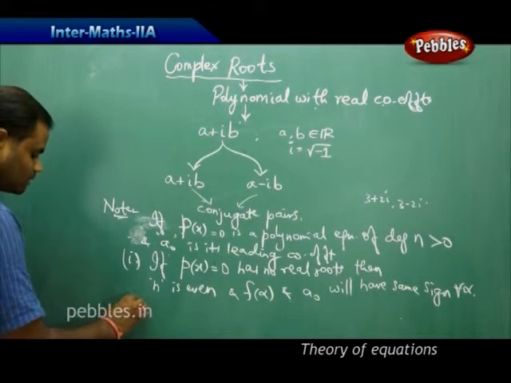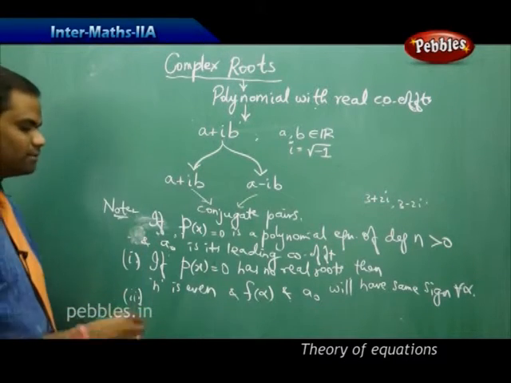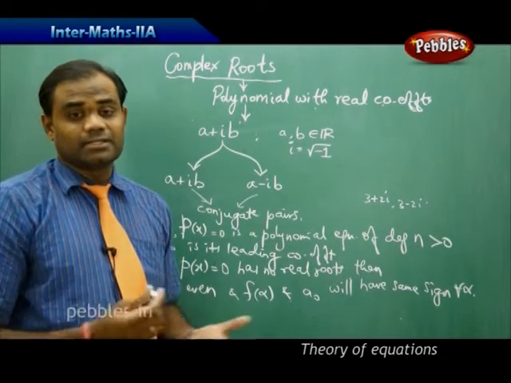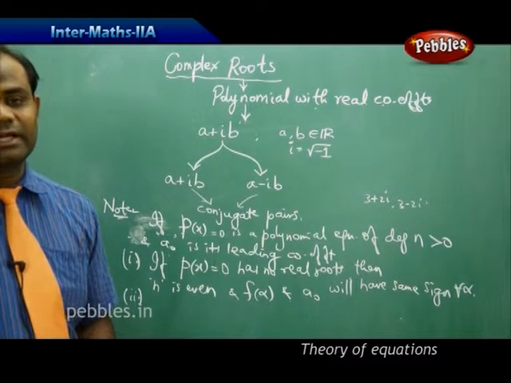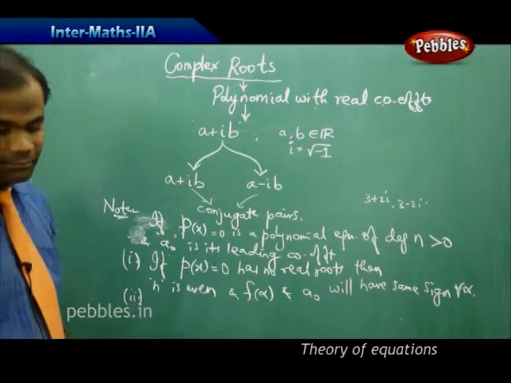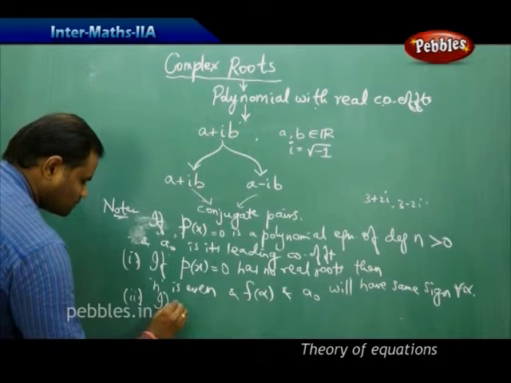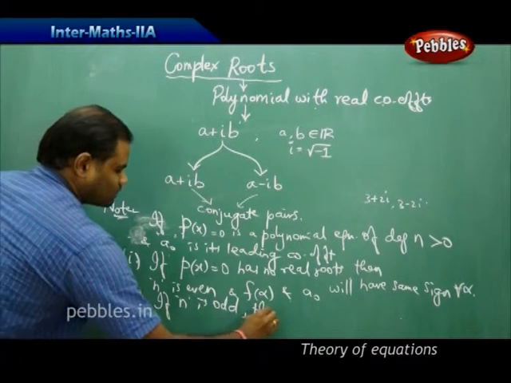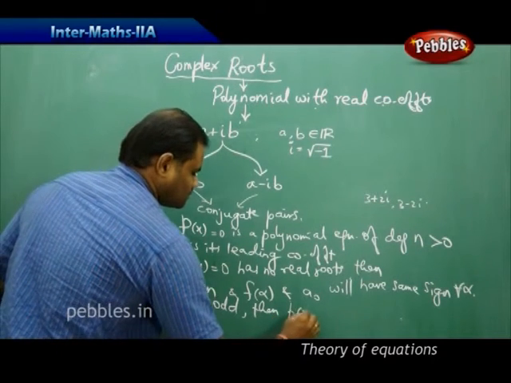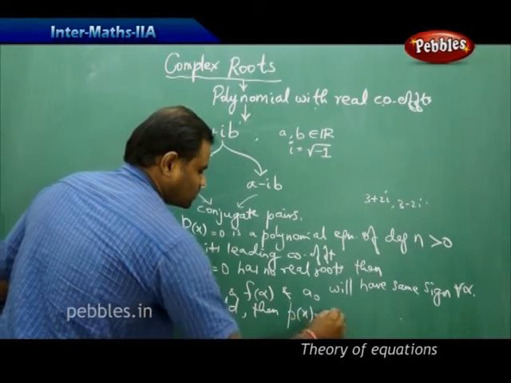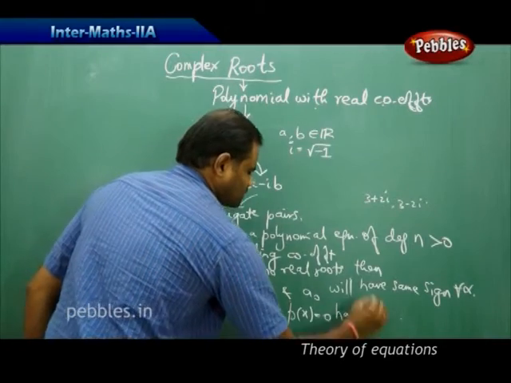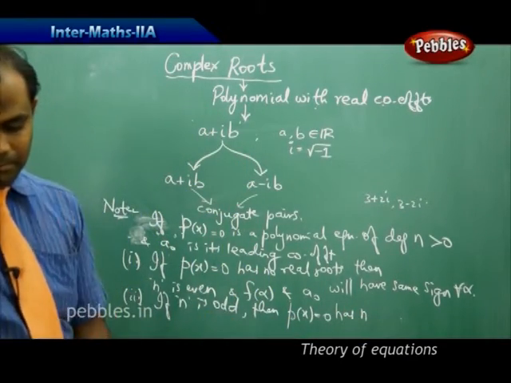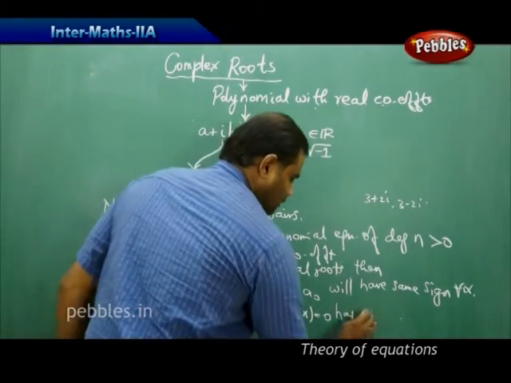Now the second property deals with the case where n is odd. If n is odd, then p of x equal to 0 has at least one real root.